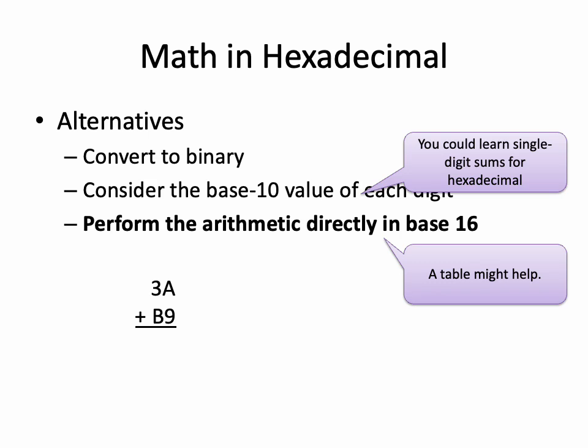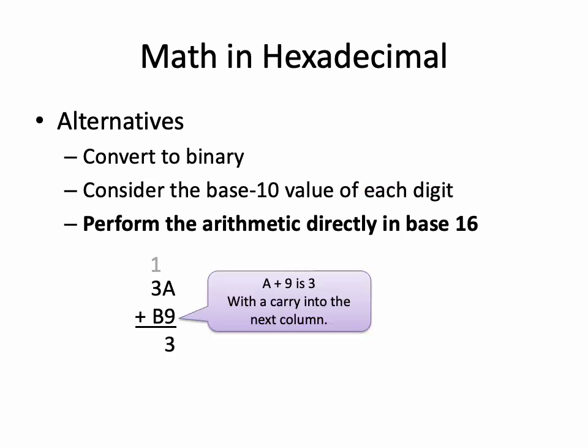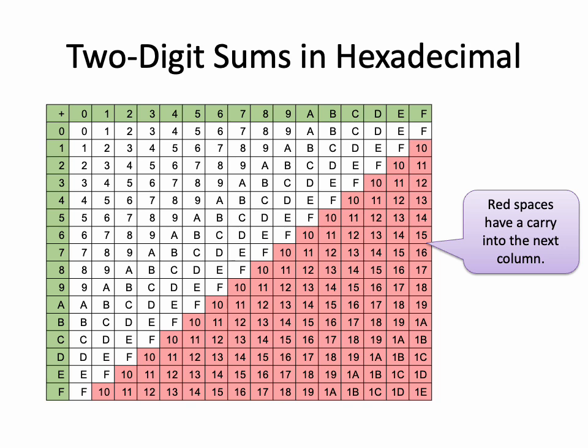You have a good sense of that. So here, if we do A plus 9, you just know that it's going to be 3, and it's going to carry a 1 into the next column. 3 plus B plus a carry is just going to equal F. So this one's the most direct method. It's just that we don't likely have an intuition for what hexadecimal looks like, whereas with the second one, base 10, we do have a good intuition.